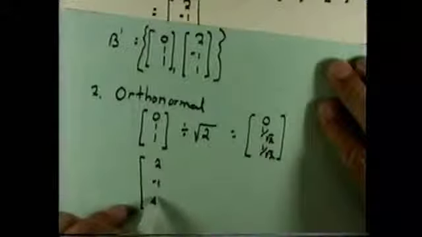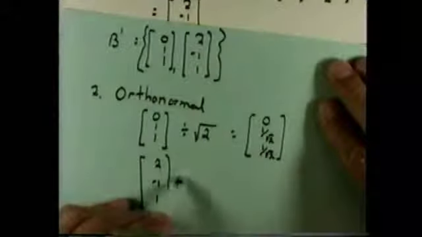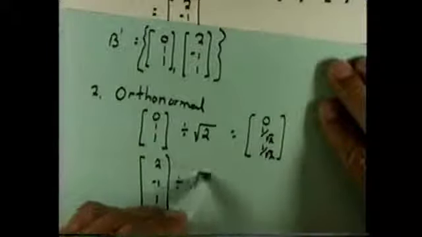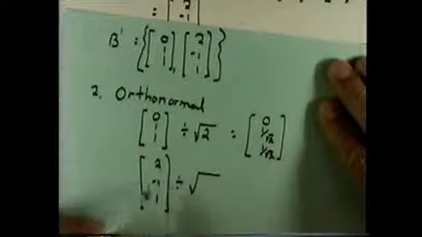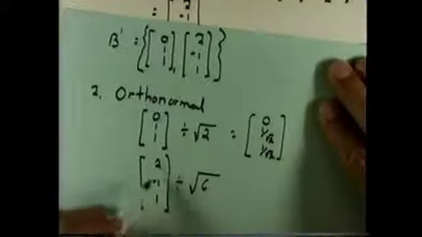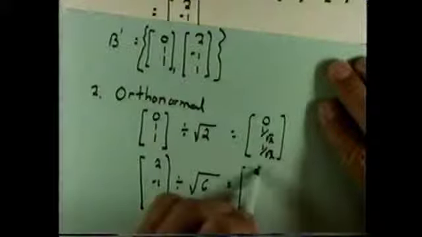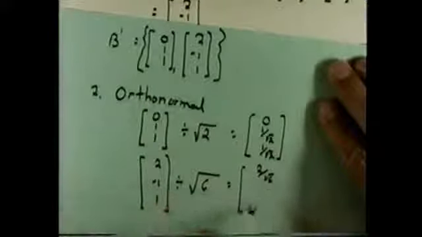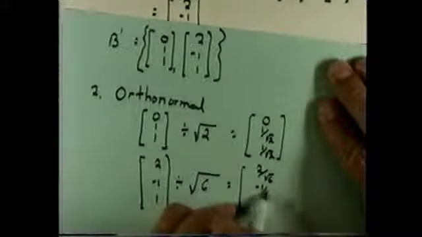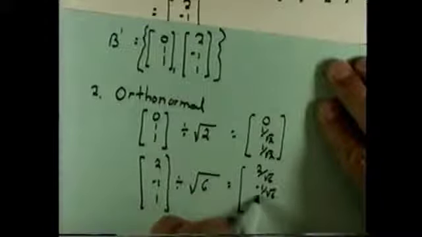Now 2, negative 1, 1. If we're going to divide it by its length, that would be the square root of a squared, b squared, c squared, so 2 squared is 4, negative 1 squared is 1, 1 squared is 1. So 4 plus 1 plus 1 is 6. So this is going to be 2 over the square root of 6, negative 1 over the square root of 6, 1 over the square root of 6.